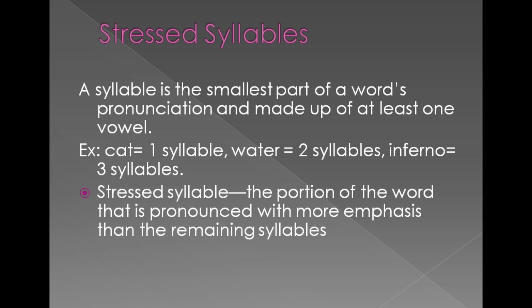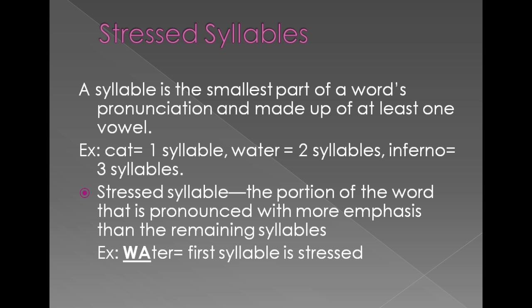A stressed syllable, then, is the portion of a word that is pronounced with more emphasis when you say it than the remaining syllables. To illustrate our two-syllable word water, the wa sound comes out a little heavier than the ter sound when you speak the word.